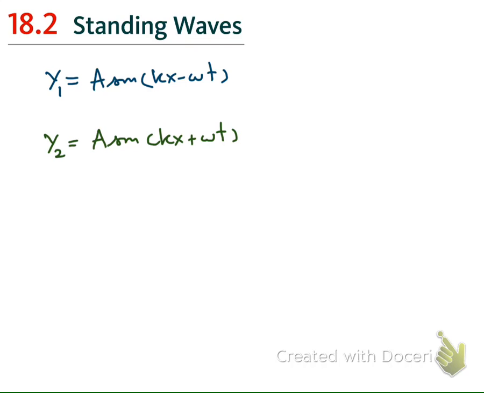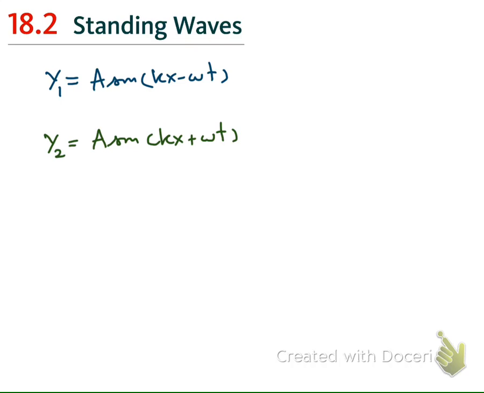For our convenience, again, we will assume that the amplitudes of these two waves are equal and they have identical values of k and omega, but only the direction is different.